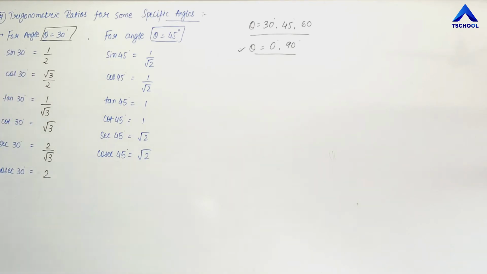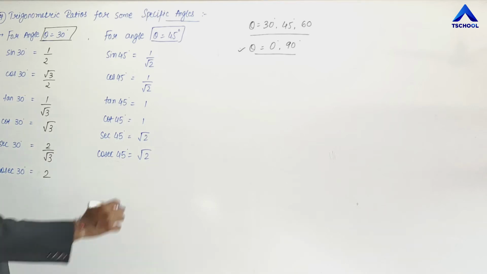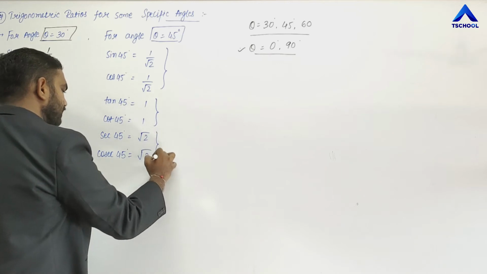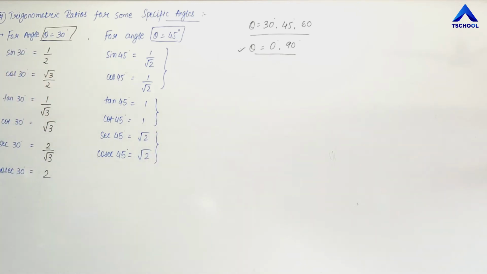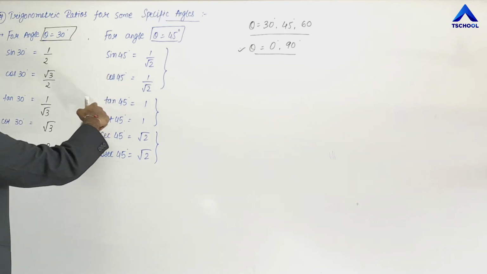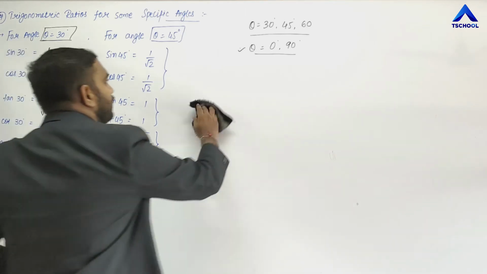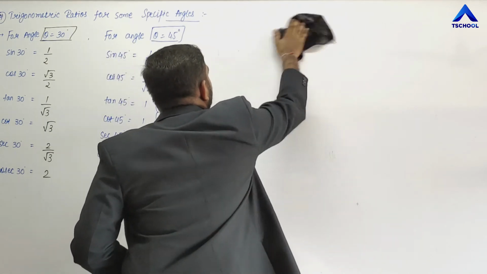So we had the six values here for 45, and as I said in the previous lecture, you are going to remember these values in bunches, like sin 45 and cos 45 are equal, tan 45 and cot 45 are equal, and sec 45 and cosec 45 are equal. So these were the six values for angle equals to 45.